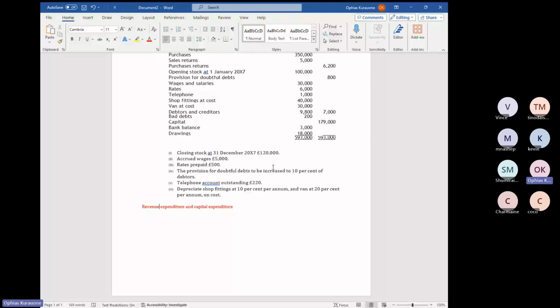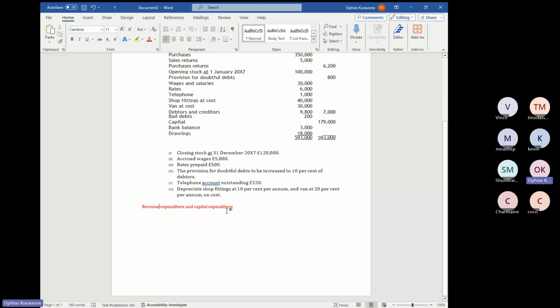Revenue expenditure usually, we are talking about the day-to-day expenses of the business. They don't increase the value of our business assets.